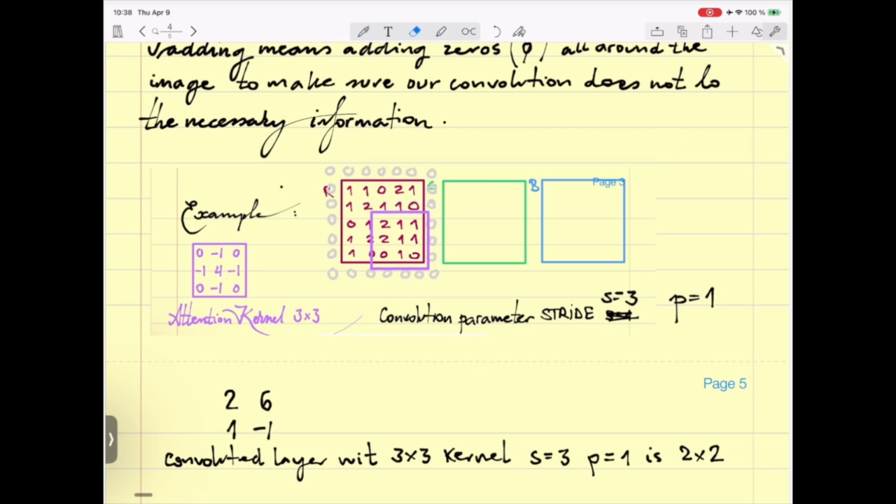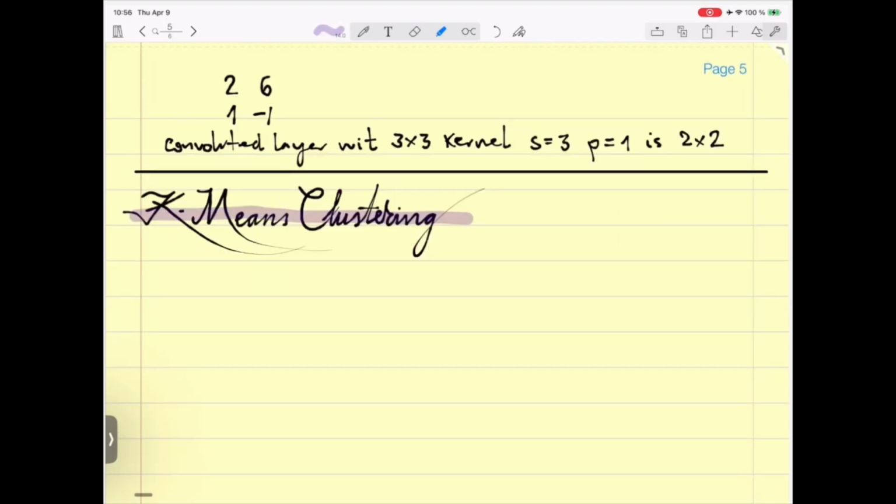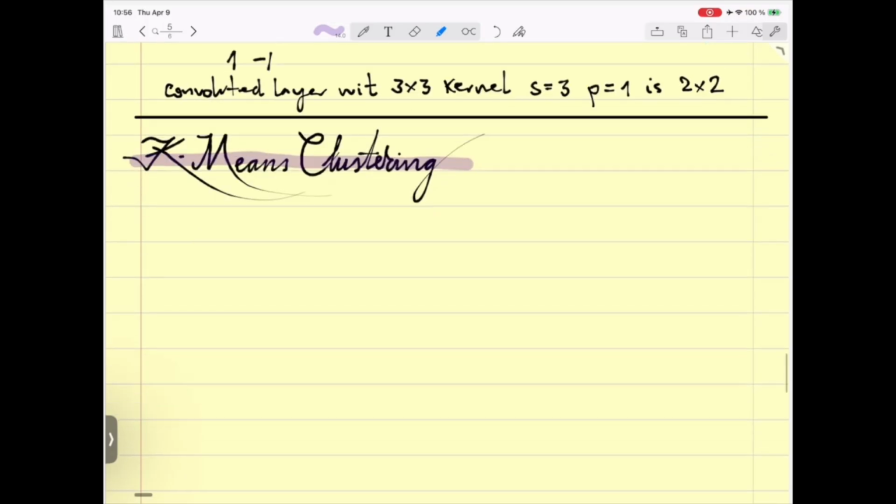Okay, weitere Fragen? More questions? Very good. So in the next hour, we will look at k-means clustering, which is a methodology to cluster data.